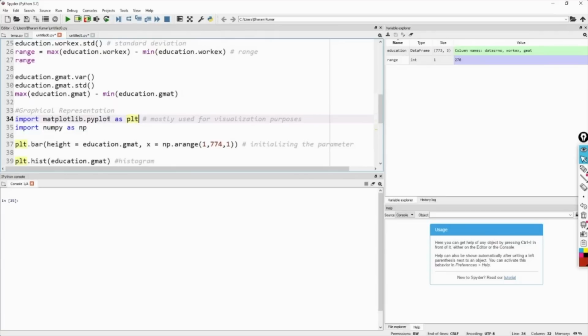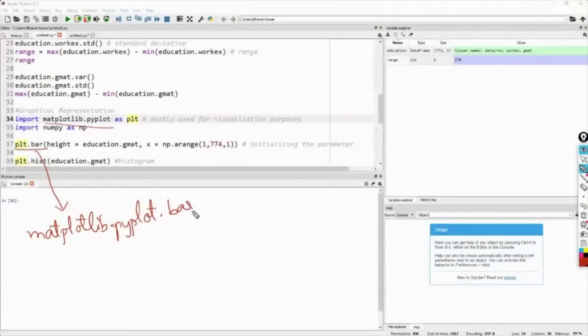If you don't have this part, assume, and you have to run a bar plot, you have to give the complete name: matplotlib.pyplot.bar. Oh my God, this is pretty lengthy. So this part, I'm giving it a shortcut called plt.